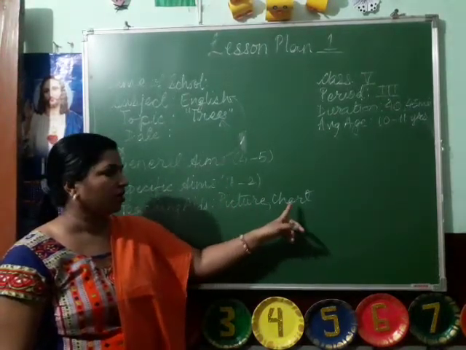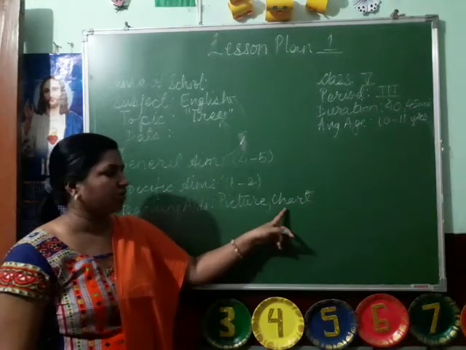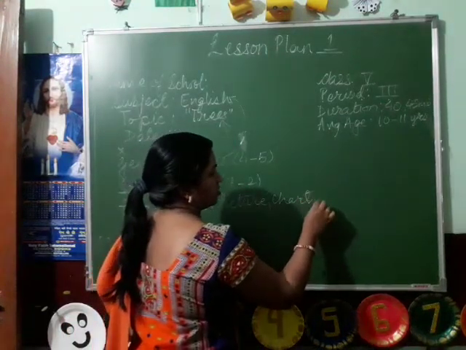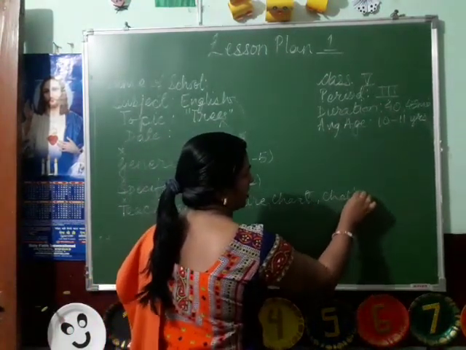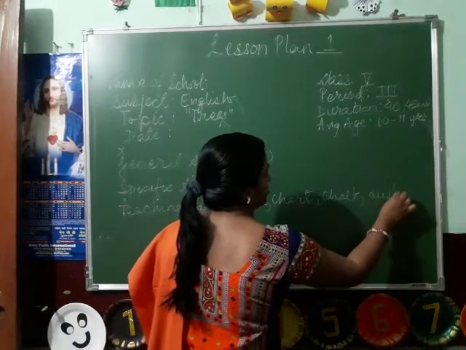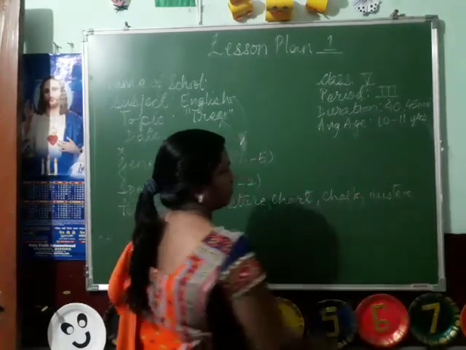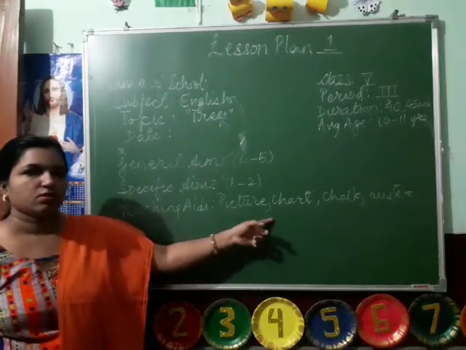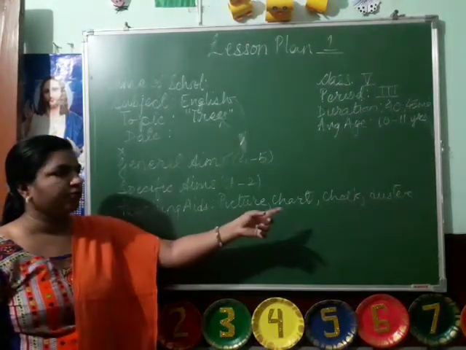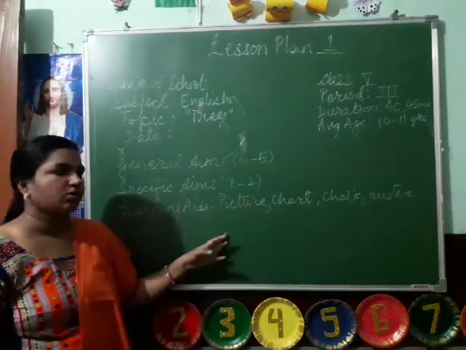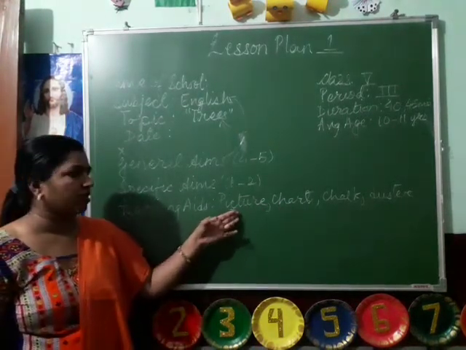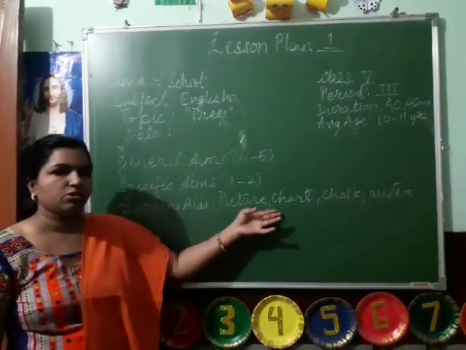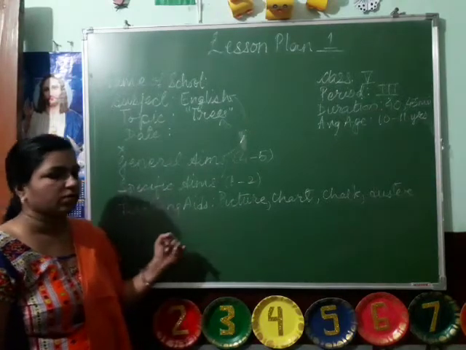Picture showing a tree, or chart showing the picture of a tree, and then the chalk and duster and blackboard. So these are the teaching aids. So it is recommended that apart from the chalk, duster, blackboard, you always have one teaching aid. You can have a picture. In case of English, if you don't have models or charts, you can have a picture of the lesson that you are going to take.